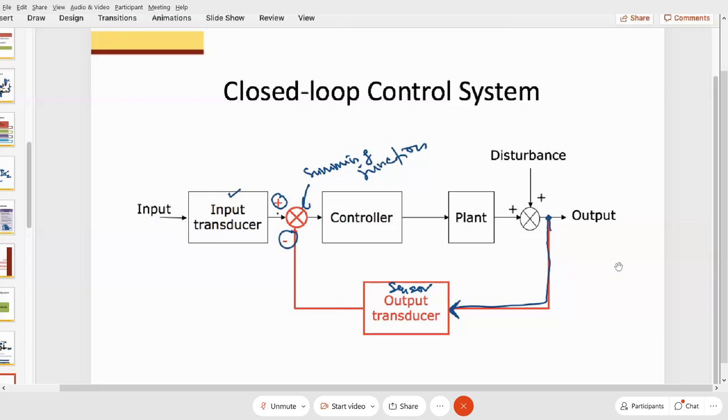It subtracts the input signal, meaning your set point, with the current output. So the error, the result of the difference, will be used by the controller to give some input to your actuators.